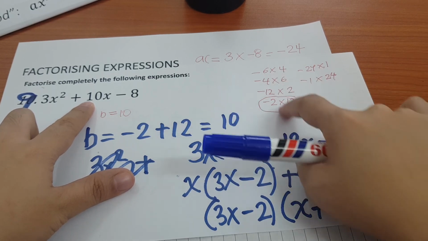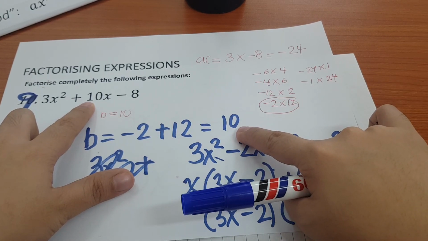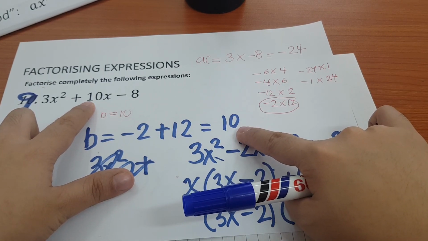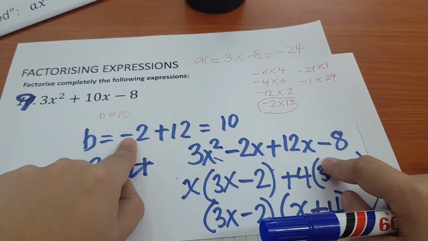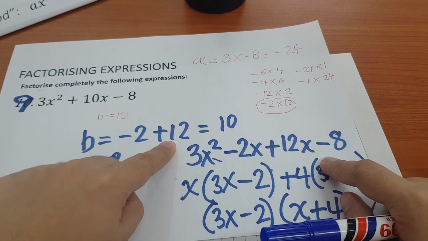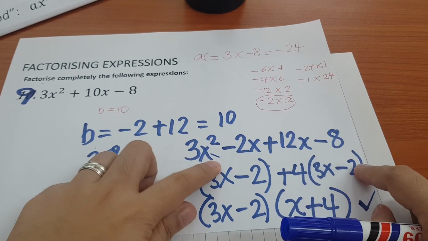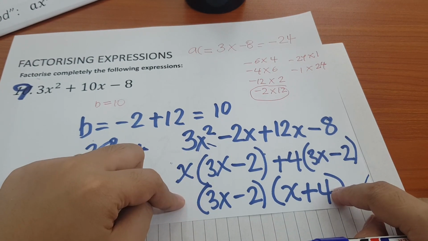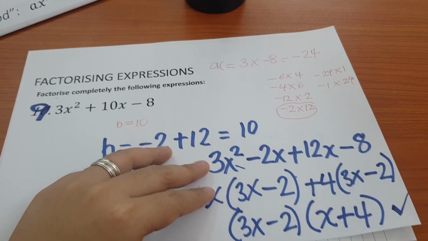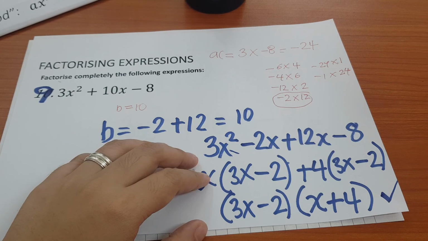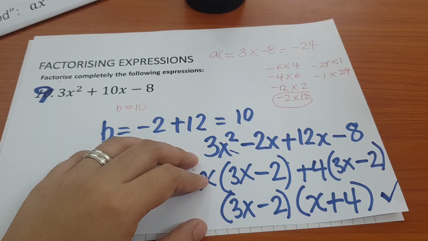Which of these factors will give me the B? So instead of writing this 10x, you will use this one. And then simplify, taking out the common, you will get the factor. And that's it. So that's the end of factorizing expressions using the AC method.